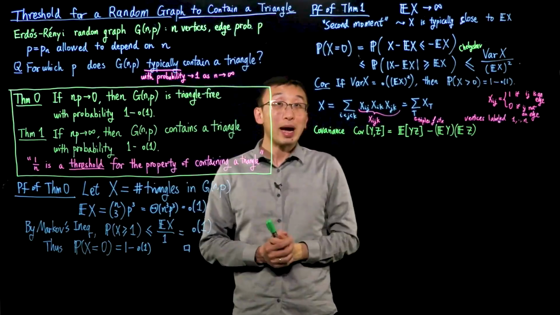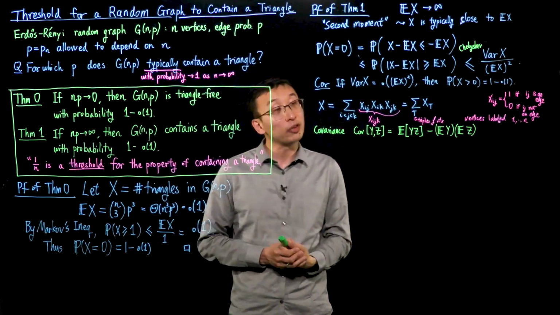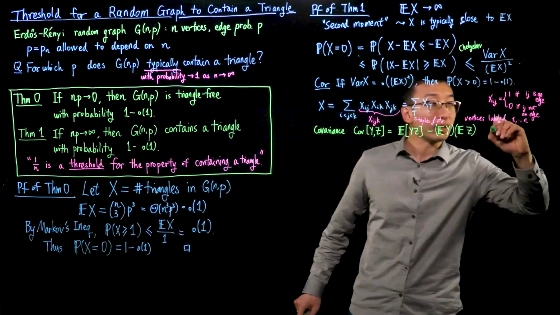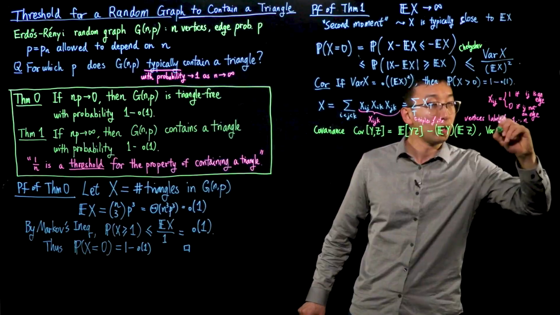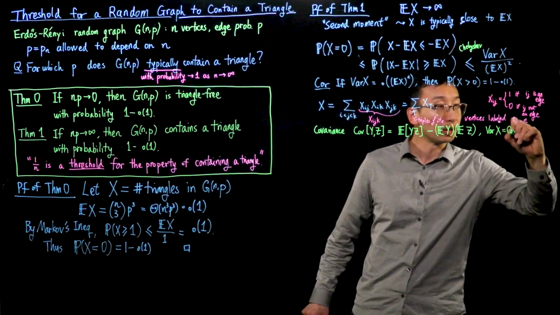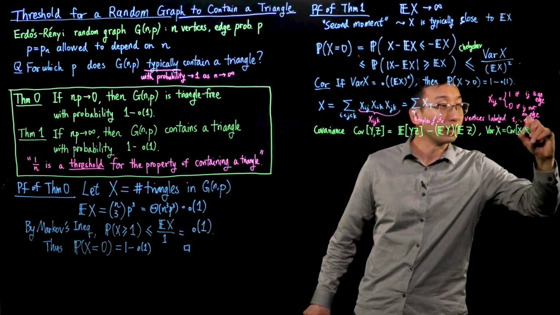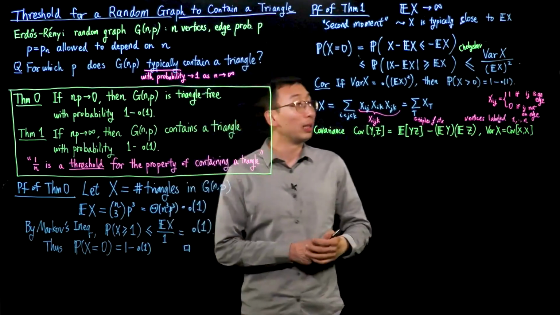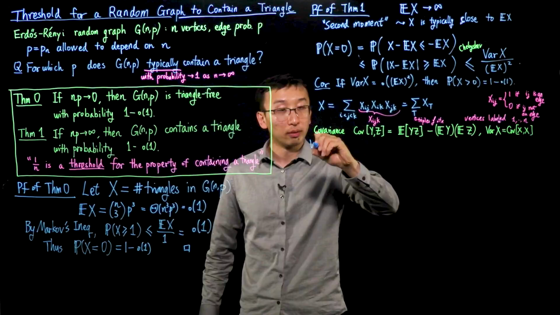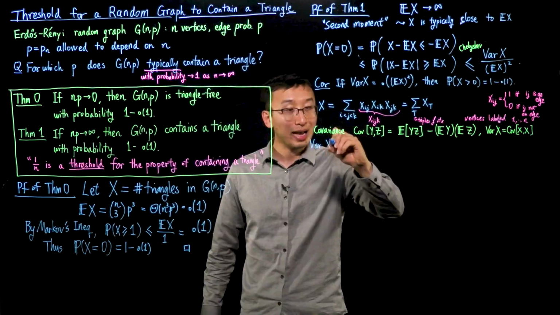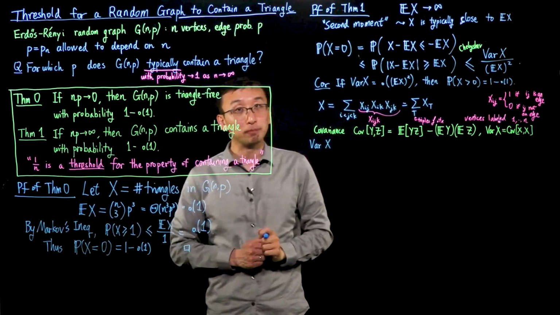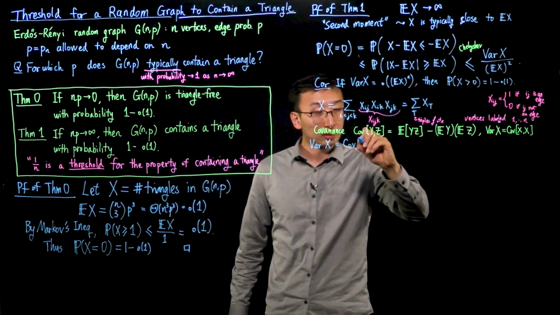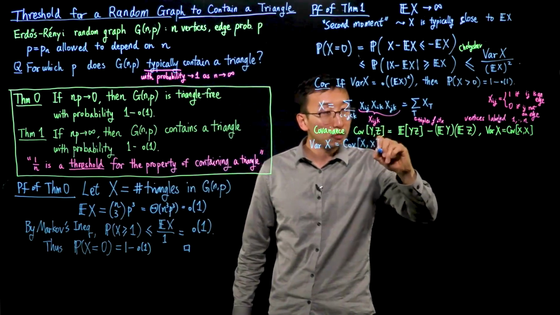In particular, if y and z are independent random variables, then their covariance is 0. And the variance of a random variable x is equal to the covariance of x with itself. So let us compute the variance of x, x being the number of triangles. We can rewrite it as a covariance of x with itself.